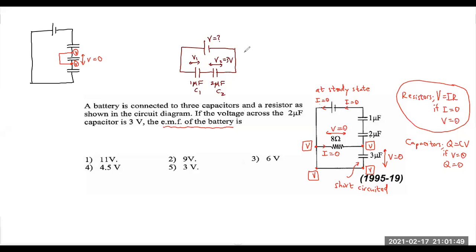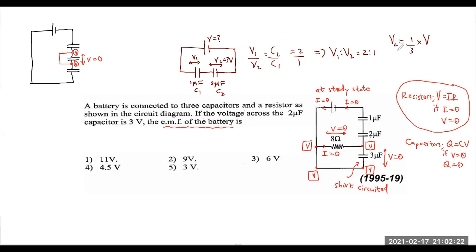Now, what is the approach? V1 over V2 is equal to C2 over C1. And what is C2? 2. C1 is 1. So, you can see V1 to V2 is actually 2:1. And if you want to find V2, what is the equation you are going to write? V2 is equal to, out of 3 portions, 1 into total voltage.